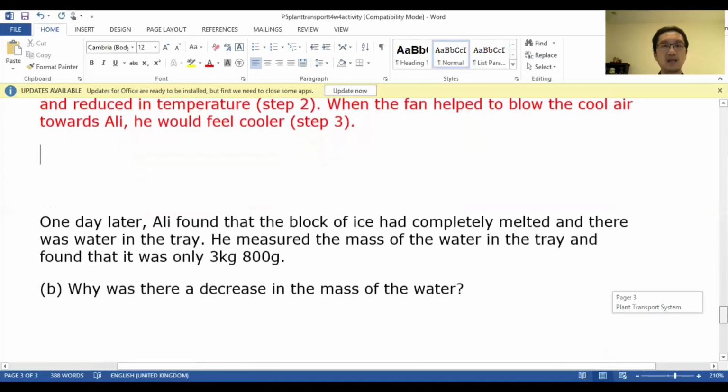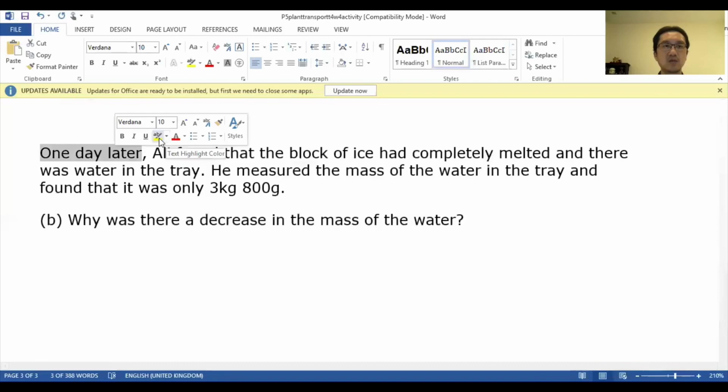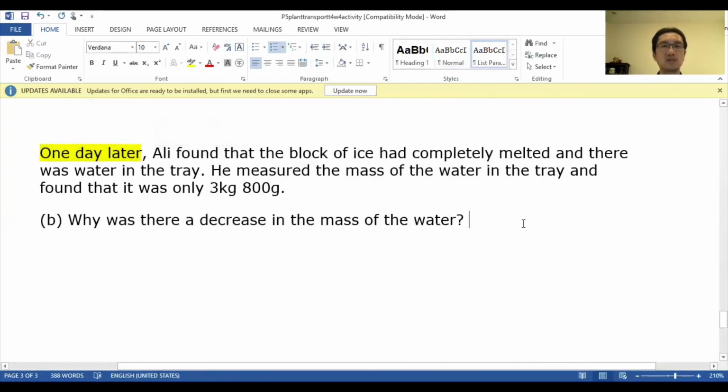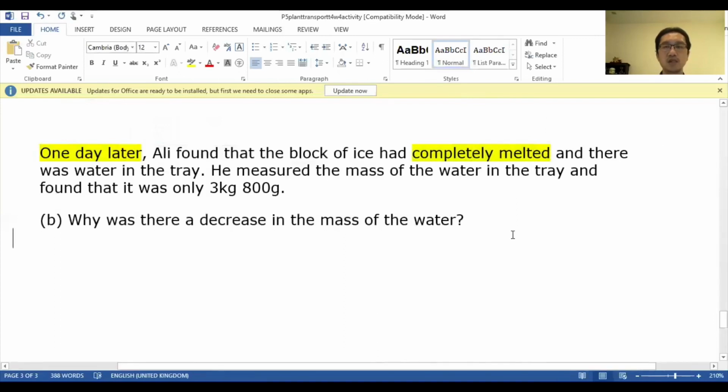One day later, Ali found that the block of ice had completely melted and there was water in the tray. Here, the key clues given to us are: one day later, and the block of ice had completely melted. And there was water in the tray.